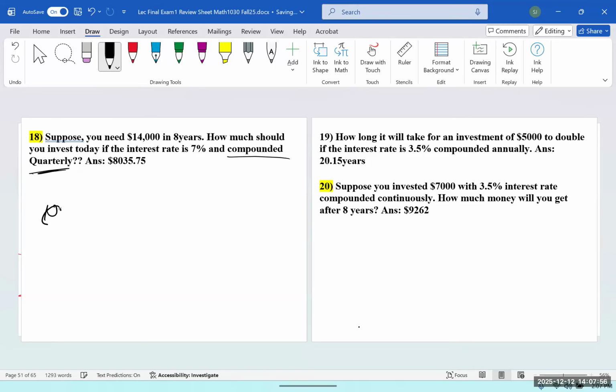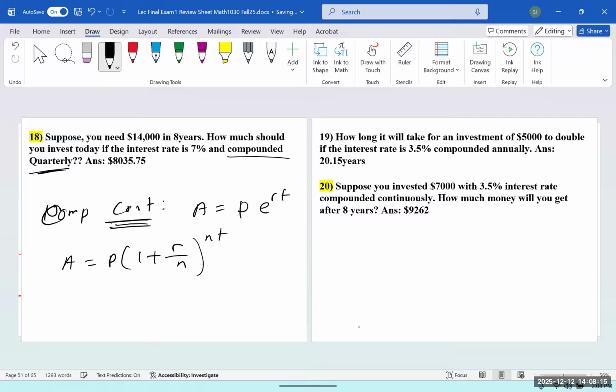If you have compound continuously, only for continuous, your formula is A equals P e to the RT. Only for continuous. So if you don't see any continuous, it's A equals P(1 plus R over M) to the MT. Now, if they're asking you to solve for T, then you need ln, okay? For T, you need to apply ln. Otherwise, for the rest, you don't need your ln.